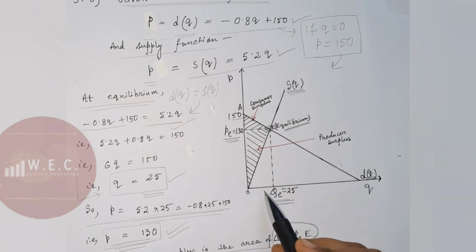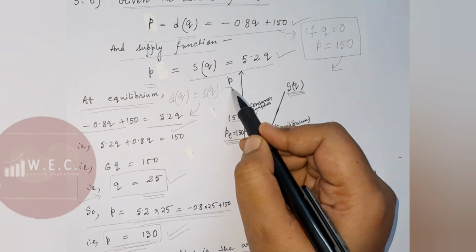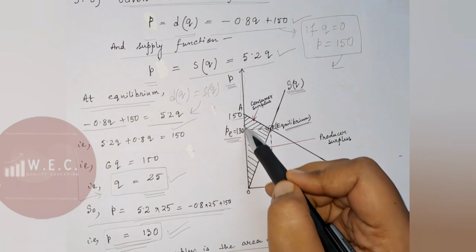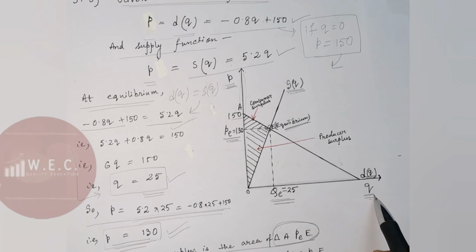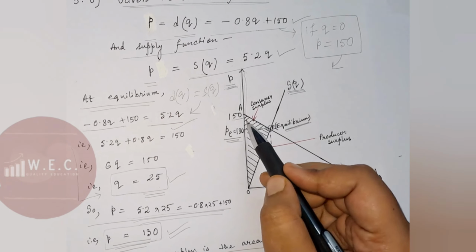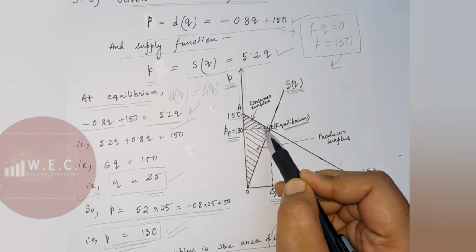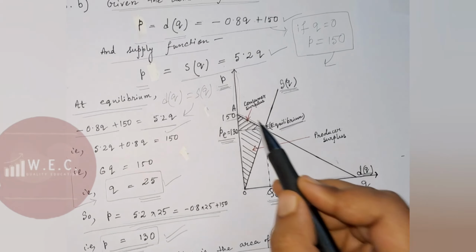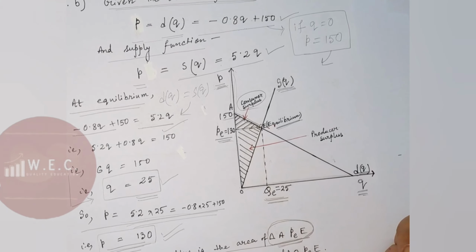Notice that the horizontal axis is the Q axis, means output axis, quantity axis, and the vertical axis is price axis. So the area above the equilibrium price and below the demand function is consumer surplus. So consumer surplus is the area of the triangle APEE.